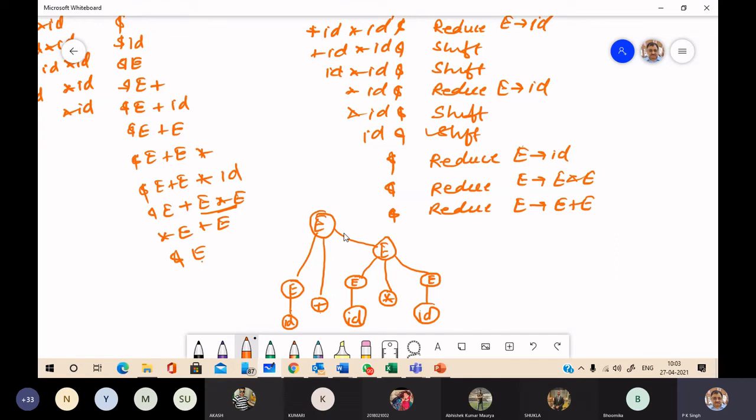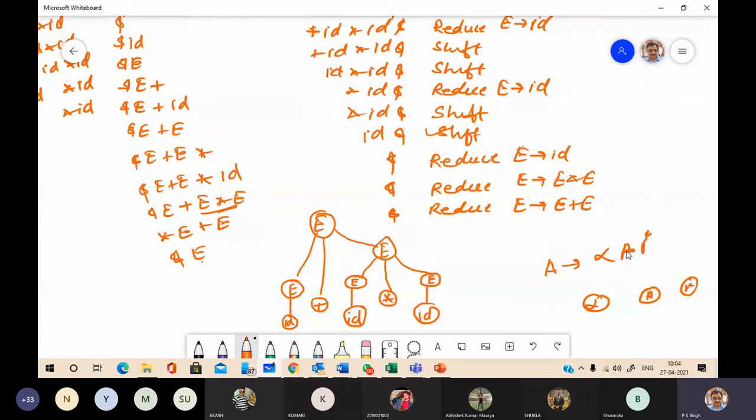When it performs a shift operation, it will create a leaf node, and when it has a reduce operation, say A to alpha beta gamma, which is a production for the reduce operation, then you must have a node for alpha, a node for beta, a node for gamma.